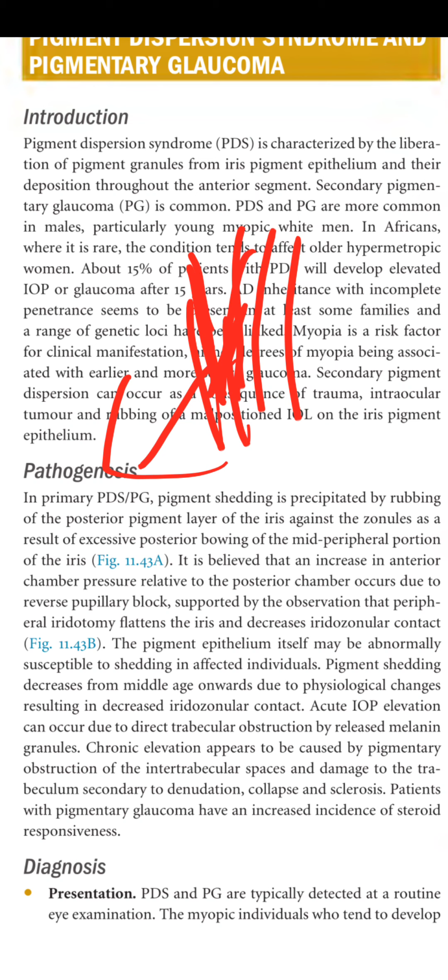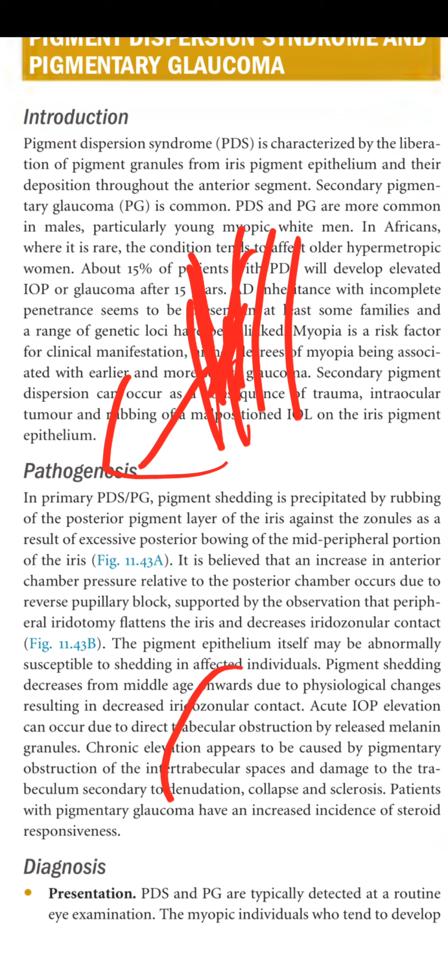It is believed that an increase in the anterior chamber pressure relative to the posterior chamber occurs due to reverse pupillary block, supported by the observation that a peripheral iridotomy flattens the iris and decreases iridozonular contact.